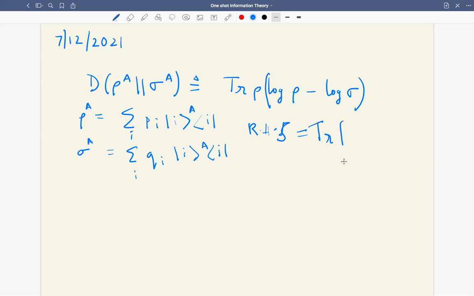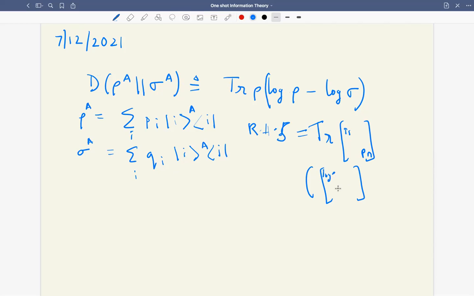Remember, we had defined how to come up with functions for Hermitian matrices: go to the eigenbasis and apply the function to the eigenvalues. You get a new operator with the same eigenbasis as before, but the eigenvalues changed. That's how I defined the log of a Hermitian matrix. So this is the log of a density matrix.